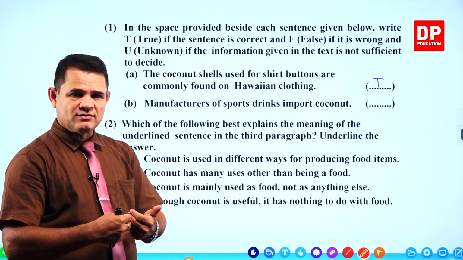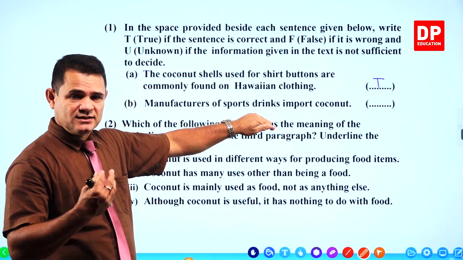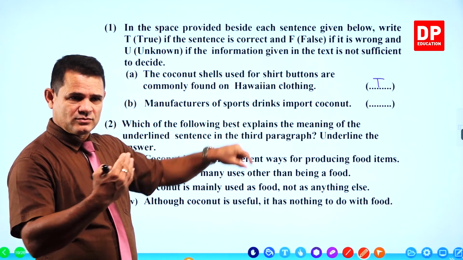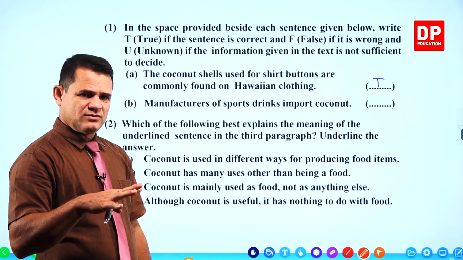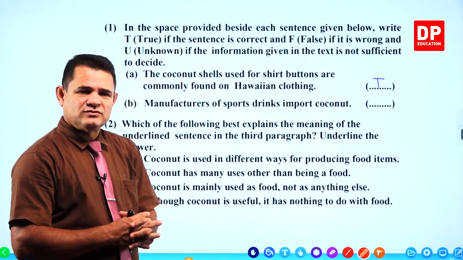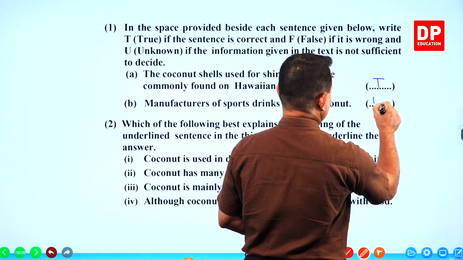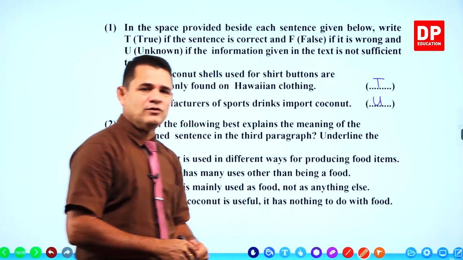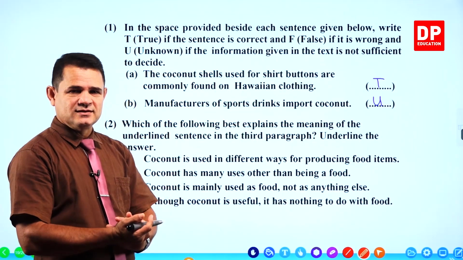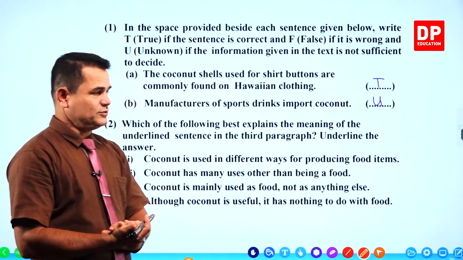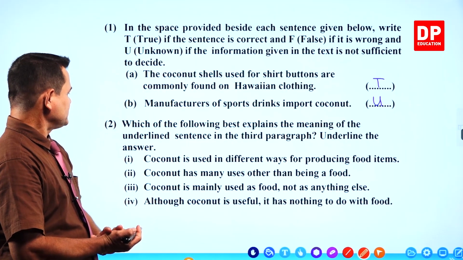That sort of information was not there. We can't say true or false, the information given is not sufficient. So you can simply say U. That is unknown.